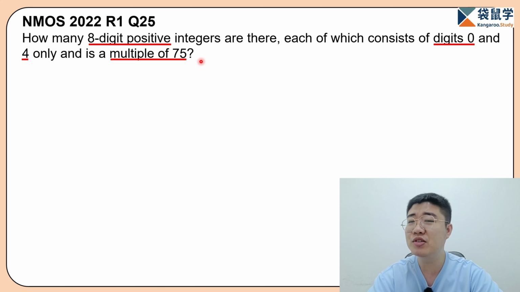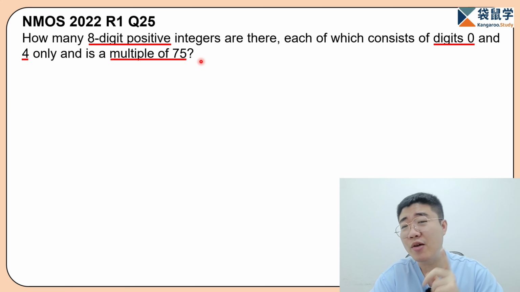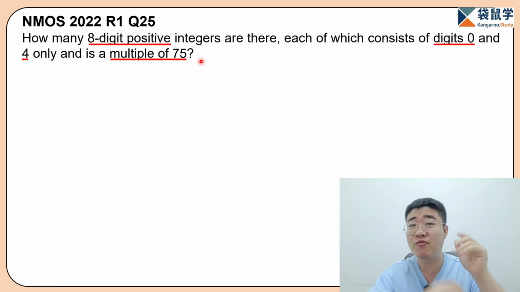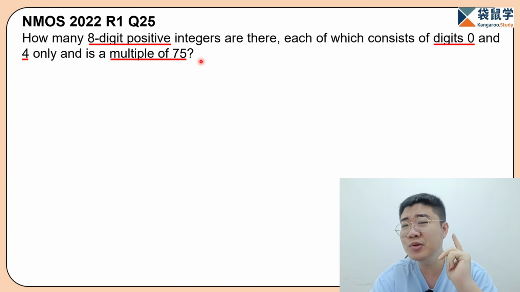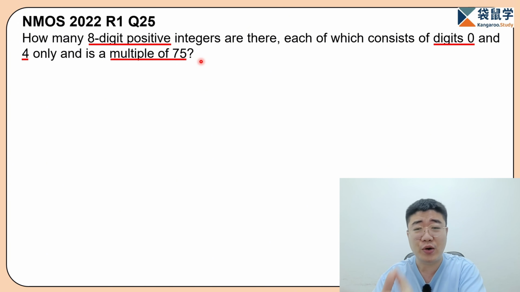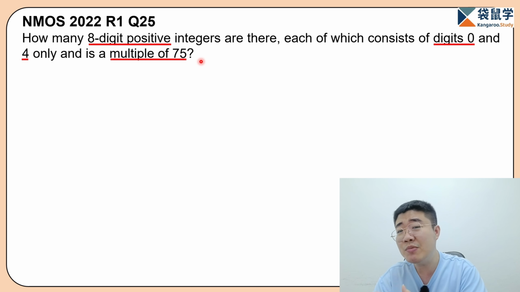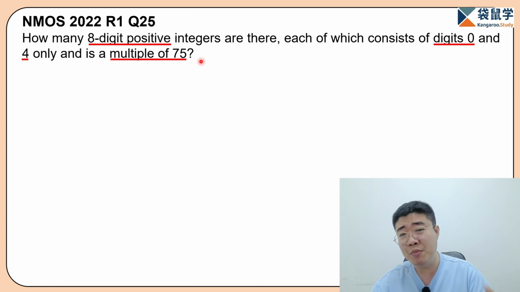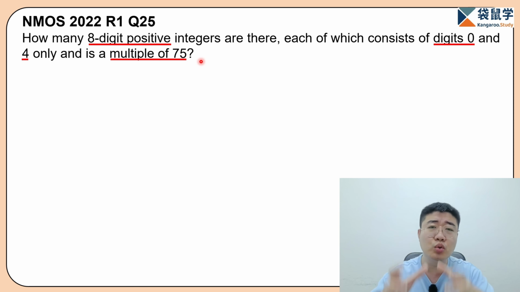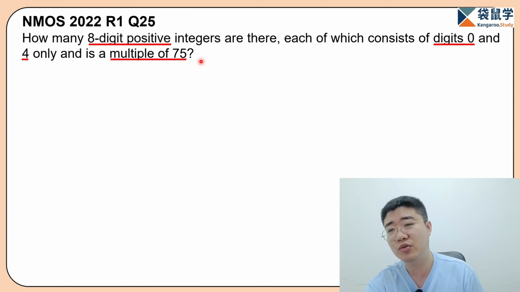But now, how about 75? How can we split this into numbers that we already know the divisibility rules for? If we look for the factors, we're going to notice 75 is a multiple of 25. So the number 75, we can split into 25 times 3.